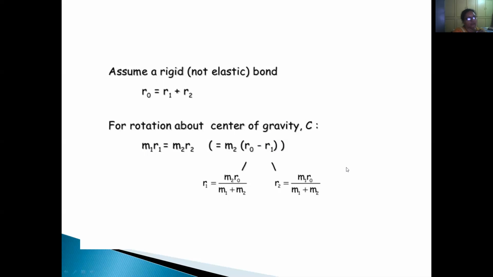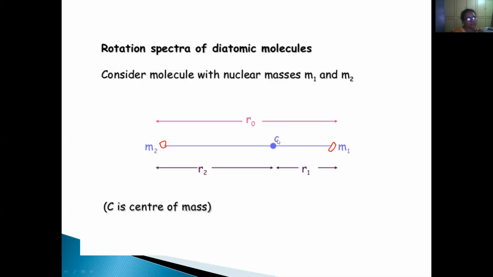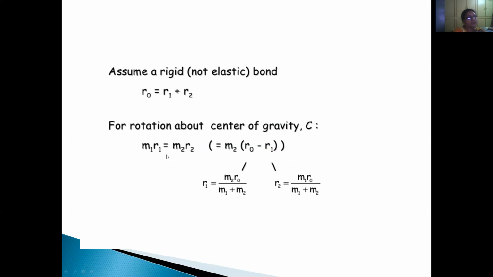From this we can find r1, that is m2 r0 by m1 plus m2, and from these two equations we can find r1 and r2.